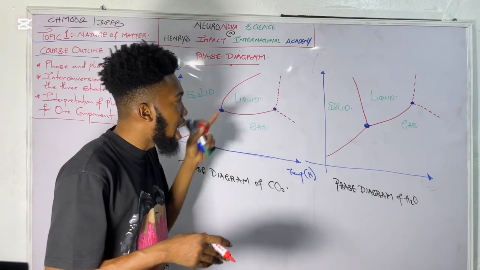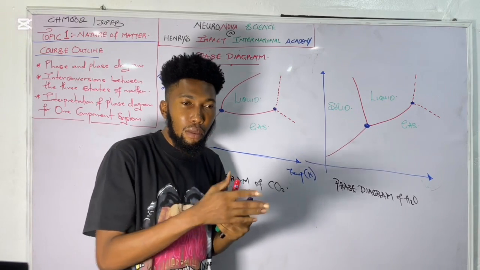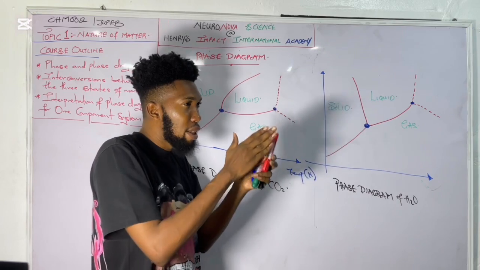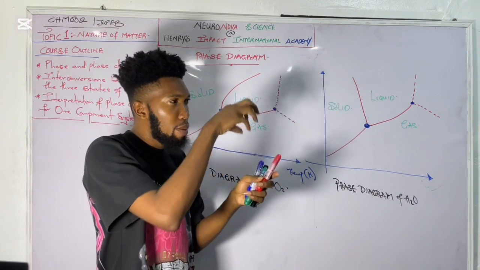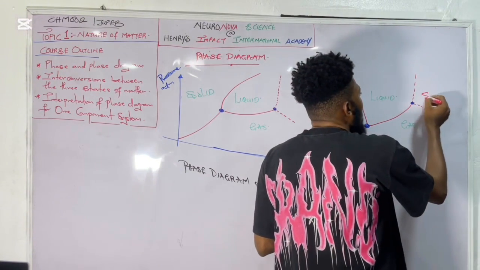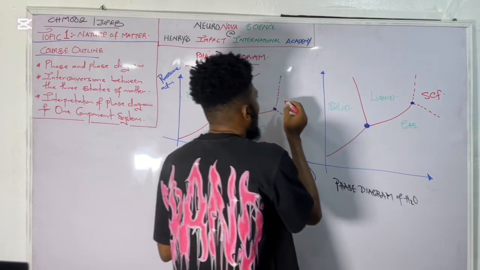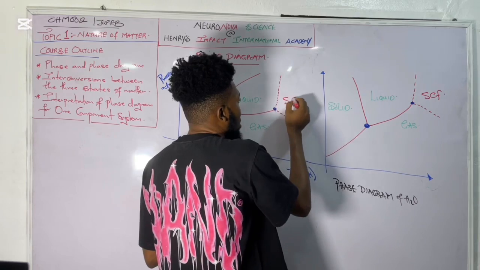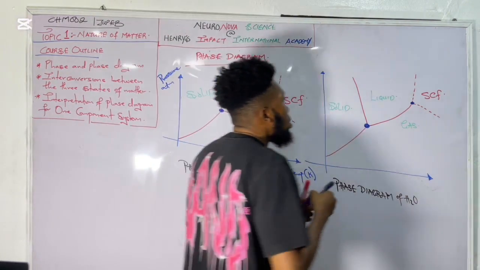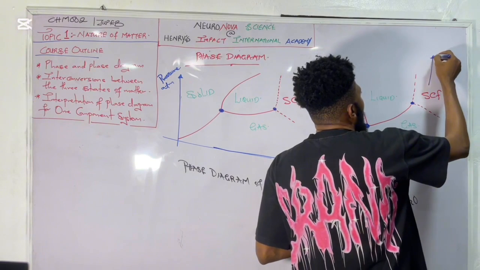And that state is where you can no longer differentiate between liquid and gas. You look at the substance behaving both as a liquid and as a gas. You can quickly pick out properties of a liquid and a gas from that substance, and that's what we call SCF.